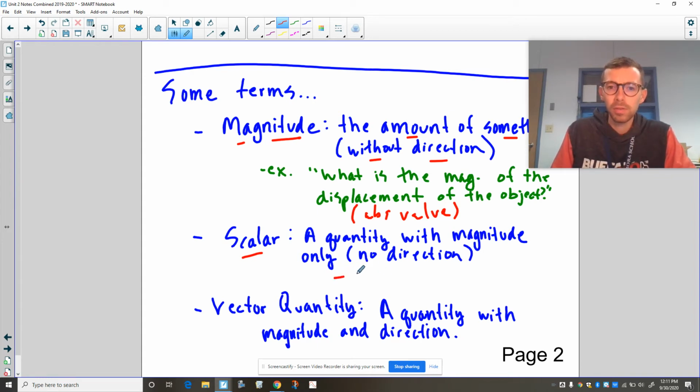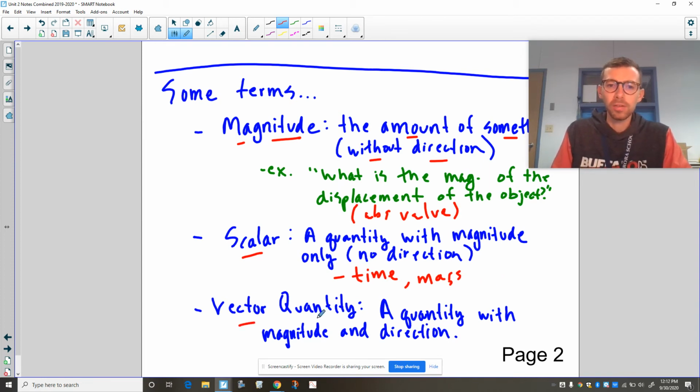Time is a scalar, and that means no direction. It's something that cannot have a direction with it. Time, your mass, what your mass is in kilograms or pounds, doesn't have a direction. Those are two examples. We'll have some more.